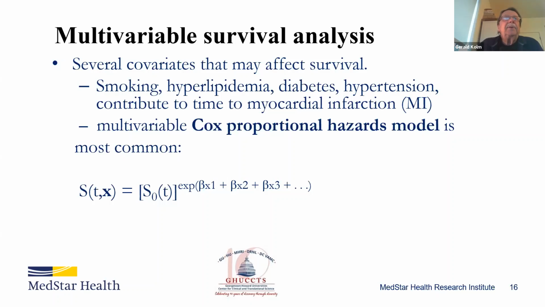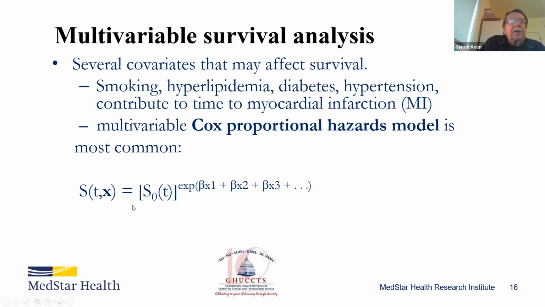Maybe you have some covariates like smoking, diabetes, or hypertension that contribute to the survivor function. In this case, the survival function is a function of a matrix of covariates.